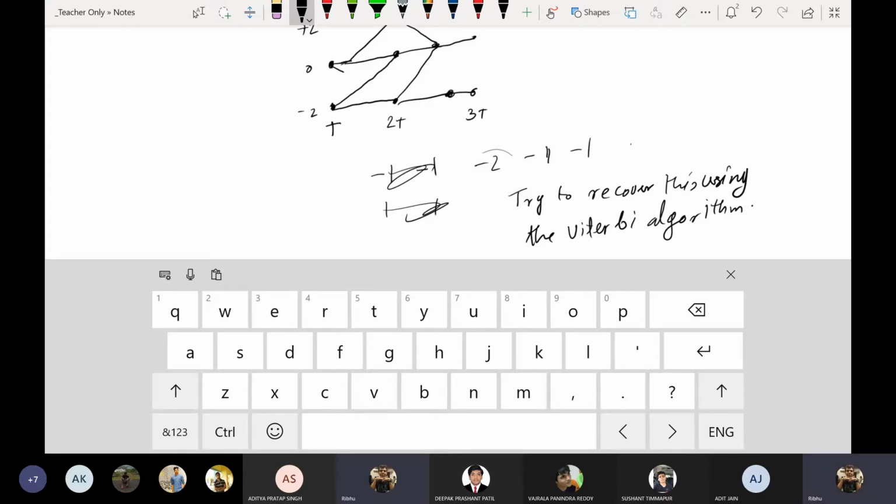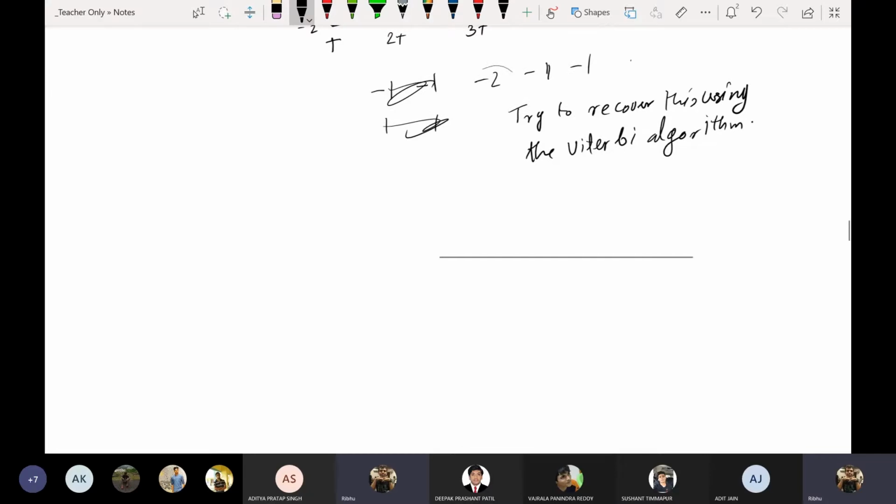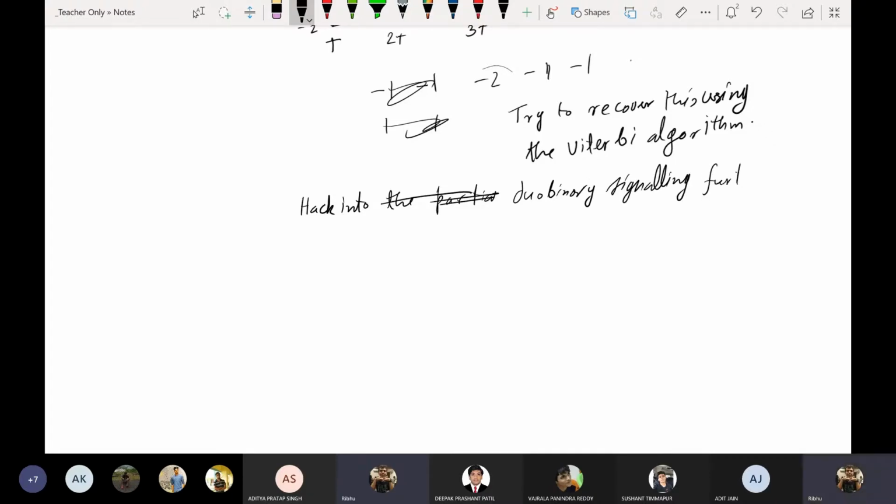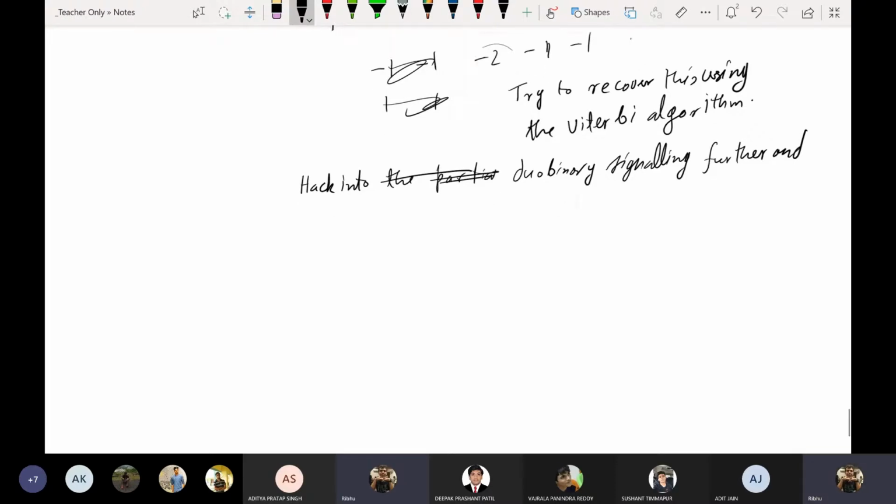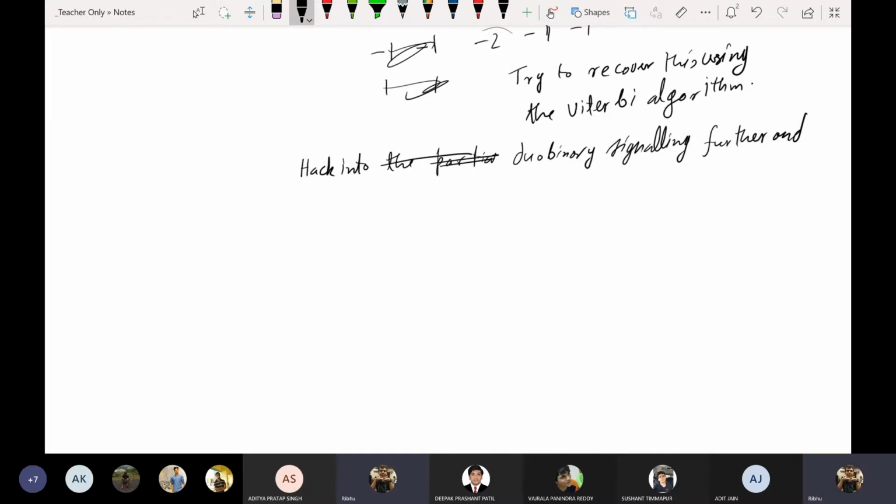The other way is you hack into partial response signaling, or duobinary signaling, further and use pre-coding.